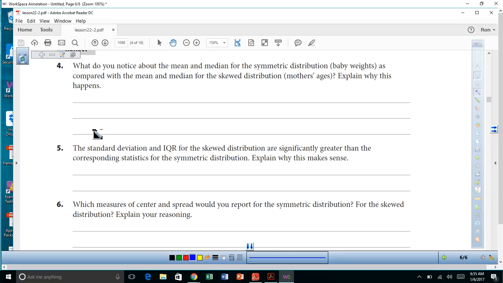Okay, so let's see here. The mean, and I'm going to say X bar, and median for a normal distribution are equal.